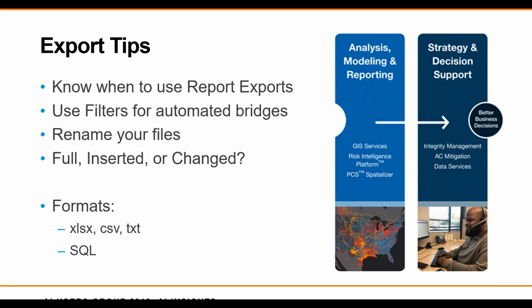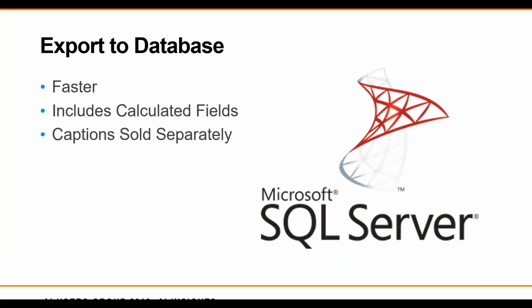So the export formats that we have, very similar to import formats, are XLSX, CSV, text, but we can also export to a SQL table, and that's what we've been talking about a little bit. It has the exact same settings as far as customization goes. It includes derived fields. This has been a huge ask from our customers for a long time: I have this other SQL system, I want to hook it straight up to your tables.